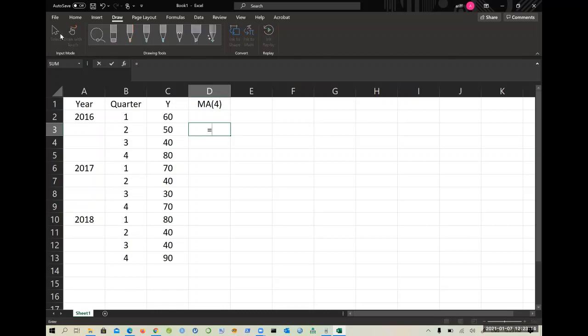This is simply equal to this value plus 50 plus 40 plus 80, the first four values, and then to take the average, you divide by 4. So you get 57.5, and then you drag this until the end.